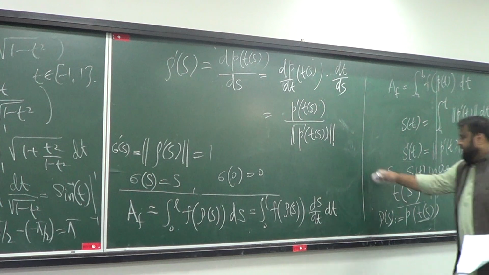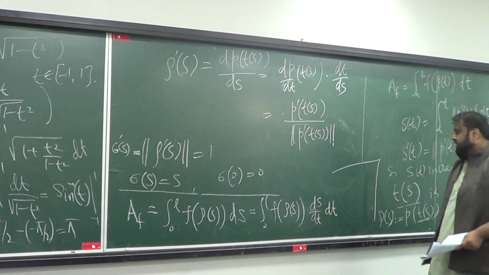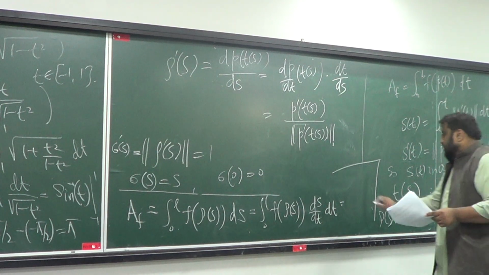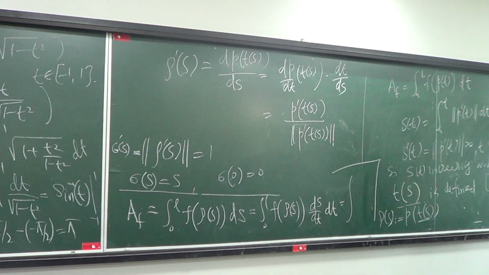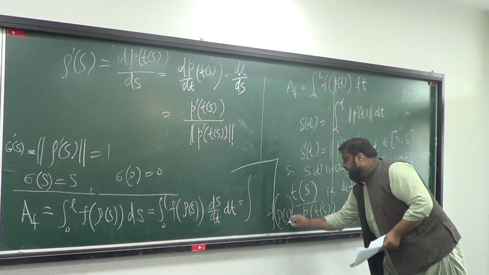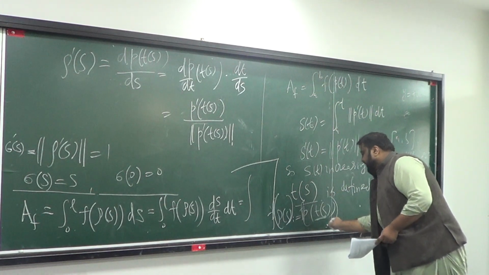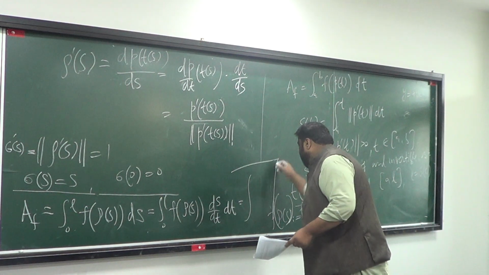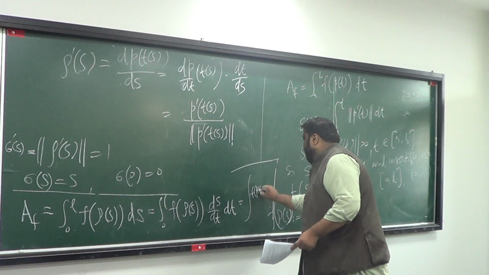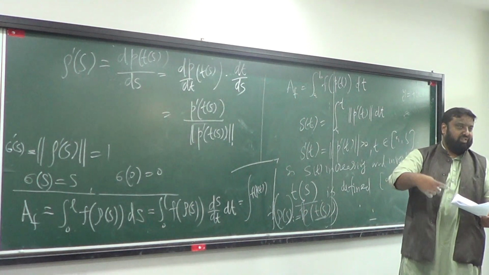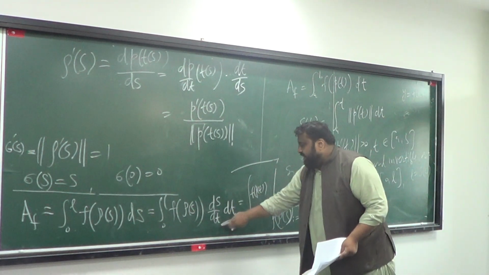Okay? Let me finally think about what this integral is going to be. If I apply f onto rho of s, this is the same as f of p of t, right? Because rho of s is this. So I can say that this is f of p of t, and there is an underlying s. What would be ds by dt?